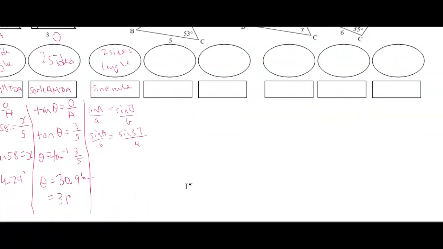Now, if we're finding A, first of all we multiply both sides by 6. So we have sine A equals 6 sine 37 over 4. And then we need to take the inverse sine of that. So 6 sine 37 over 4, and your angle at A is 64.518.